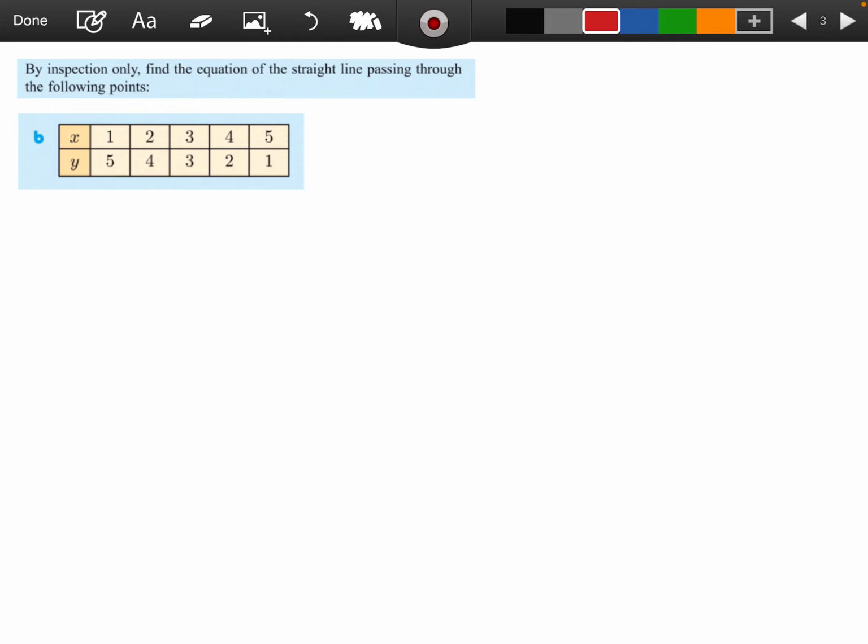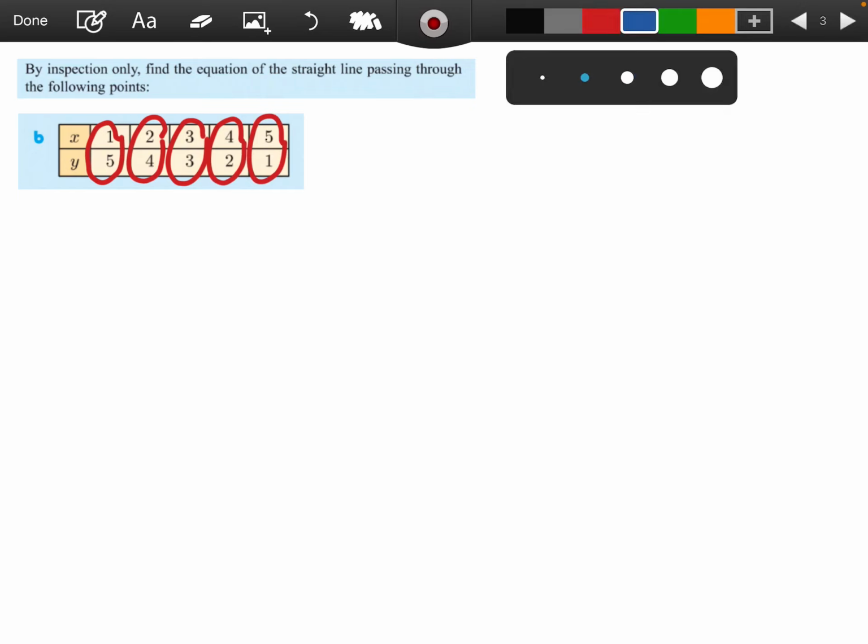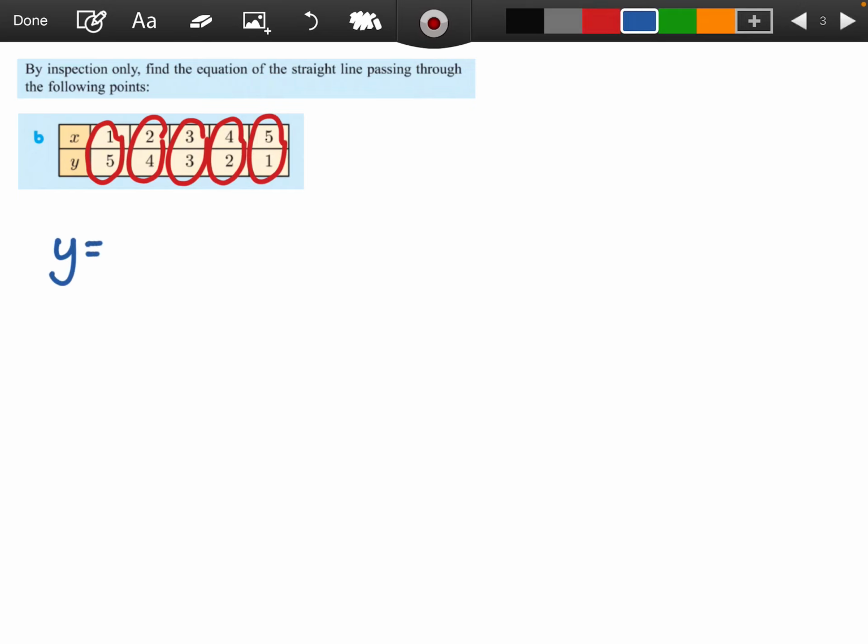Let's try another one. So this one, we have x = 1, y = 5. We've got 2 and 4, 3 and 3, 4 and 2, 5 and 1. So we need one equation that's going to match all of these points. So let's try something. If y is 5, how did I get from 1 to 5? Well, maybe I added 4.